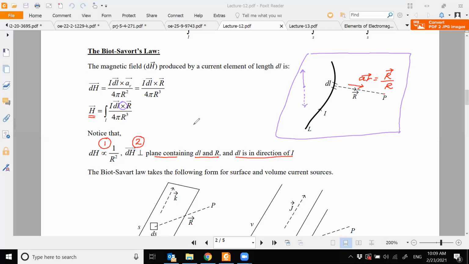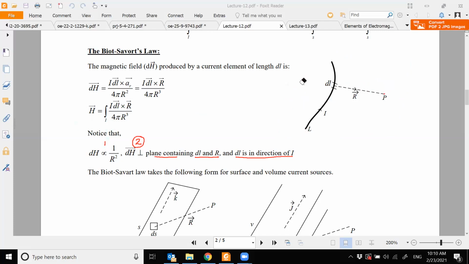So this is an important property of the magnetic fields. They will always be perpendicular to the plane in which your source and your observation point is sitting or residing. Now this will become even clearer when we take an example.